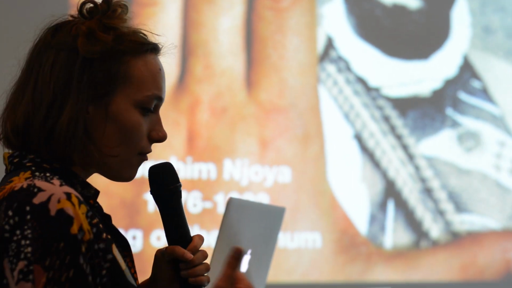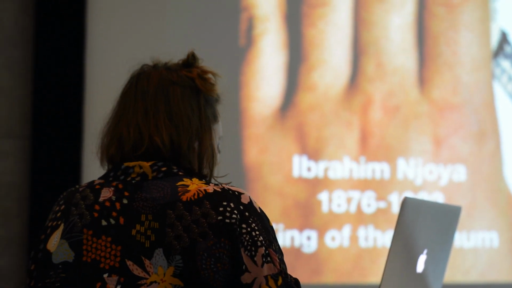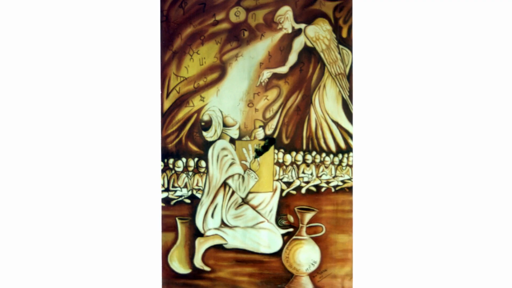He quickly understood its importance as an economical, societal, and cultural factor. The story tells that he had a dream one night and he saw an angel that told him to create an alphabet for his people.